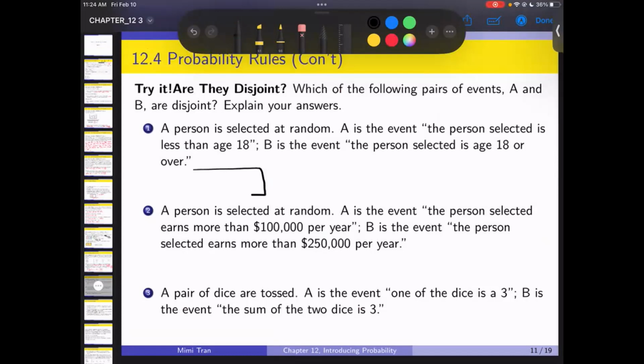If I were you, I would draw the event diagram. So there are two events here, A and B. Event A is someone less than 18, and event B is 18 or over.